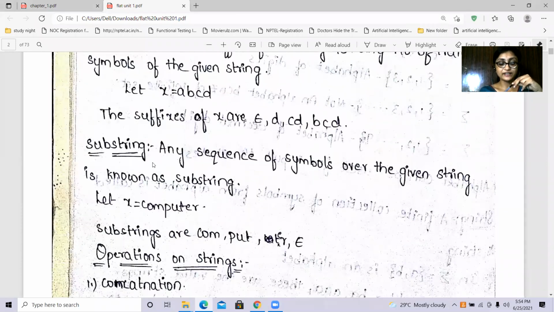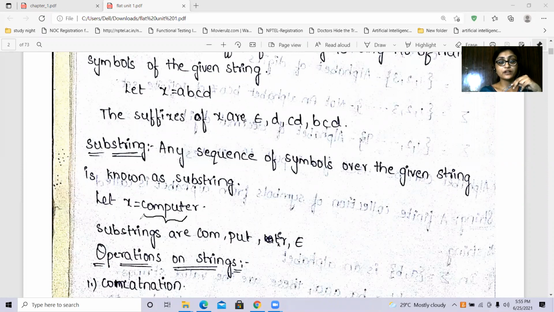And let us consider the substring. What does a substring mean? Any sequence of the symbols over the particular given string can be considered as a substring. A substring can be taken from any part of the given string. For example, here we can see that computer is the given string.